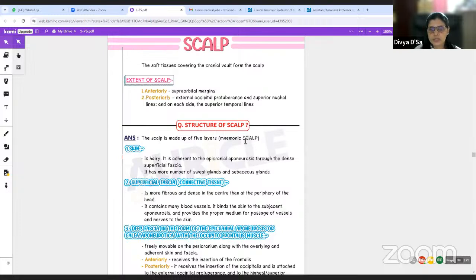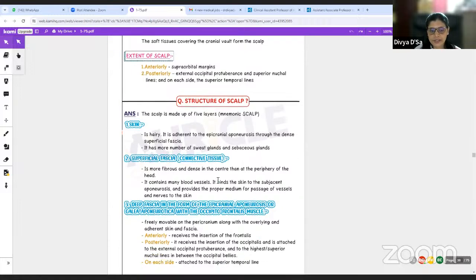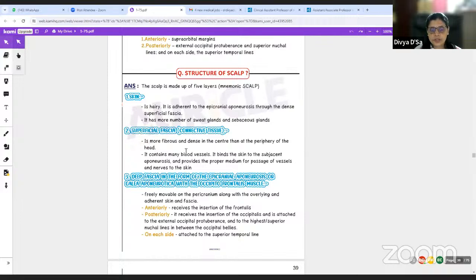That is, through the second layer, connective tissue, it is attached to the aponeurotic, that is the third layer. It has more sweat glands and sebaceous glands, and it is also highly vascular. Then the superficial fascia, it is more fibrous and dense in the center than in the periphery of the head.